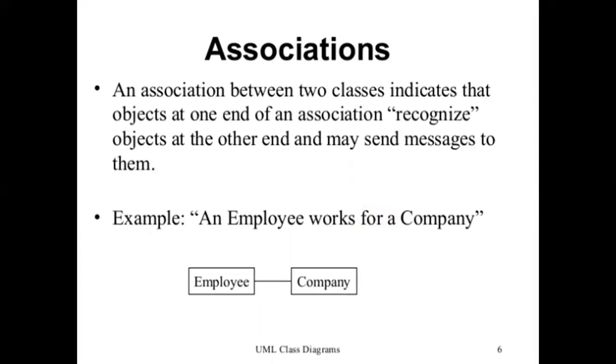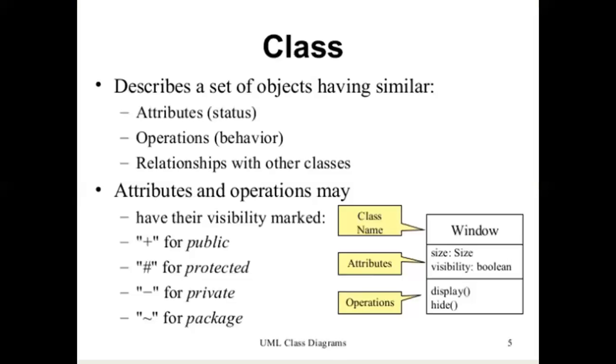Next, the class has, first one, attributes. The attributes are the properties of the class, not operations. Attributes represent some property of the things. A class may have any number of attributes or no attributes at all.